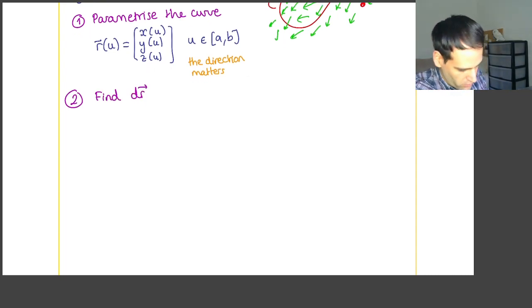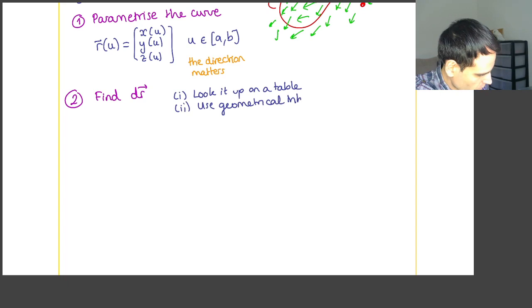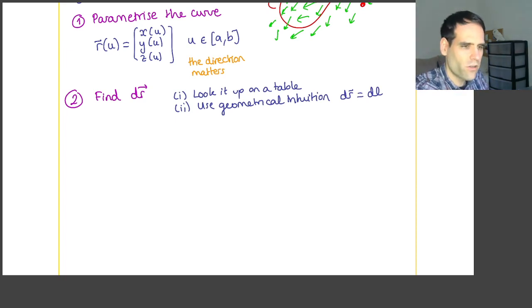And I already told you there were 3 ways of doing it. One, look it up on a table. Two, use geometrical intuition, which usually involves using the dl that you already knew from geometrical intuition and adding the unit vector t hat.